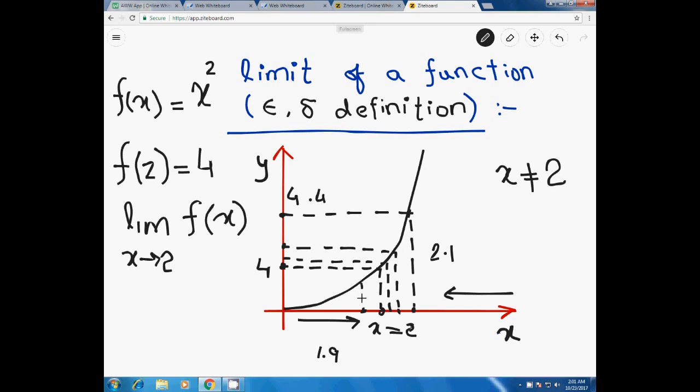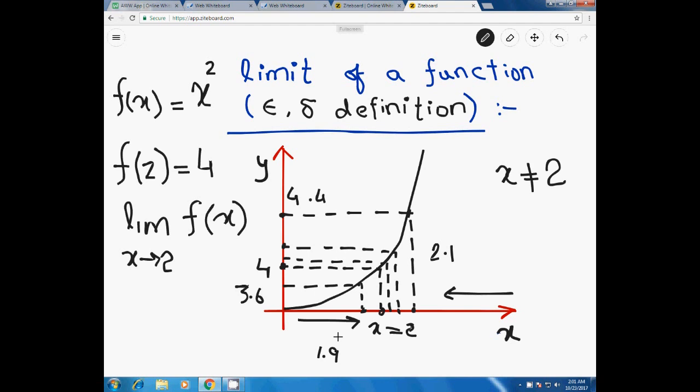At this point you can check the value of the function at 1.9, and it comes to be 3.61, and I will write it as 3.6.